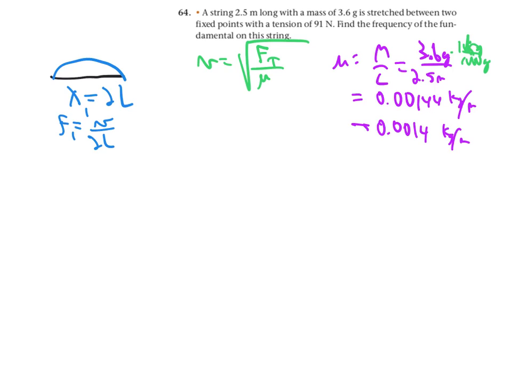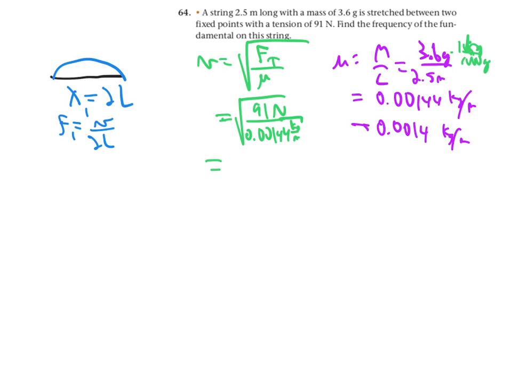And that means that going back over to here, our wave speed is the square root of 91 newtons over 0.00144 kilograms per meter. I'm keeping the extra digit of accuracy because we're doing calculations and we want to only throw it out at the end.